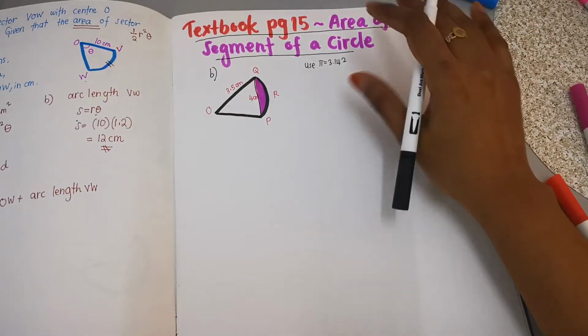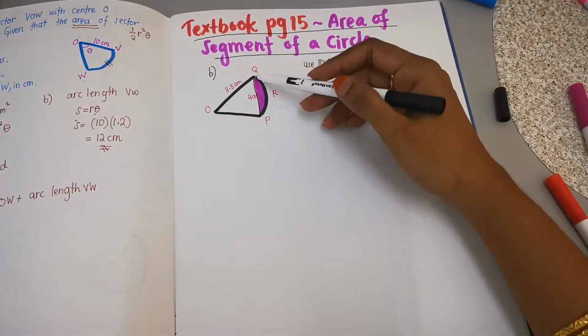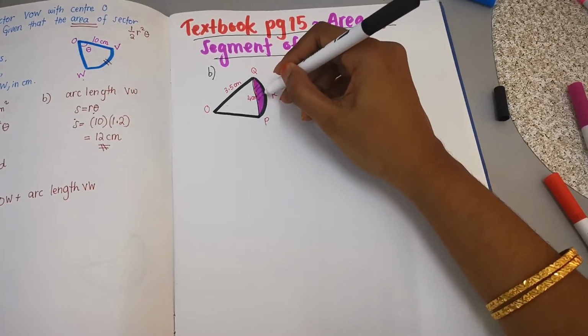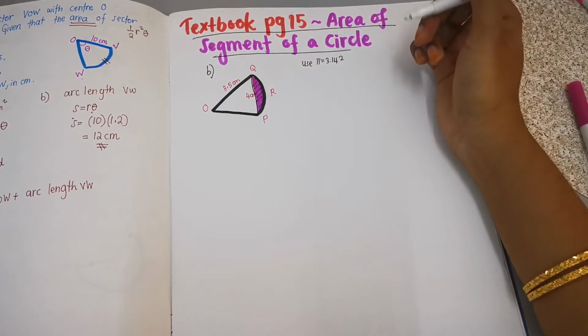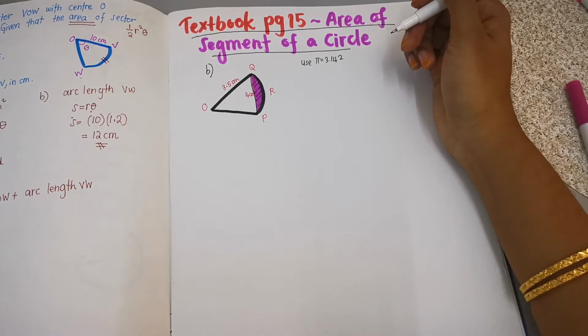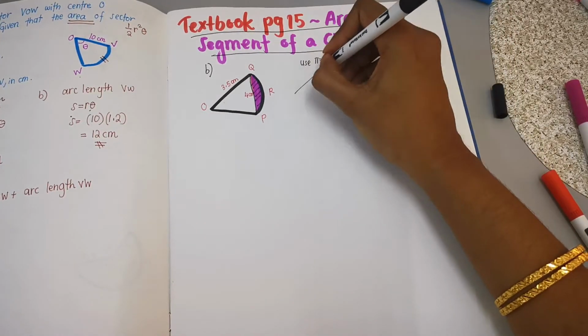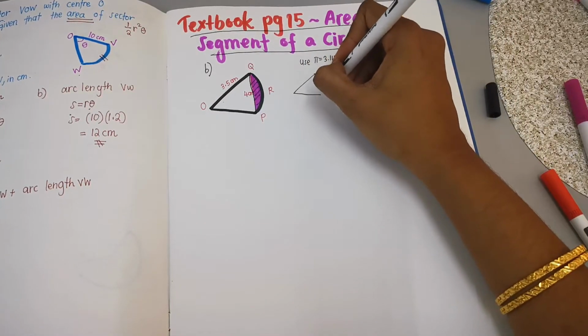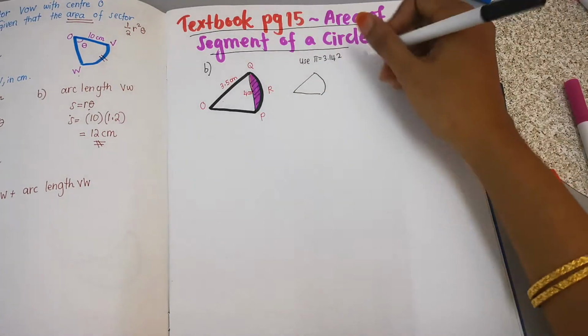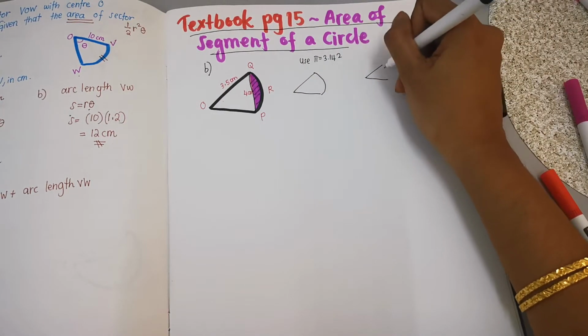Now, if you look at the diagram, how can we find just this part only? This comes back to the basics of shapes. First we have a sector shape, and then we have a triangle shape.